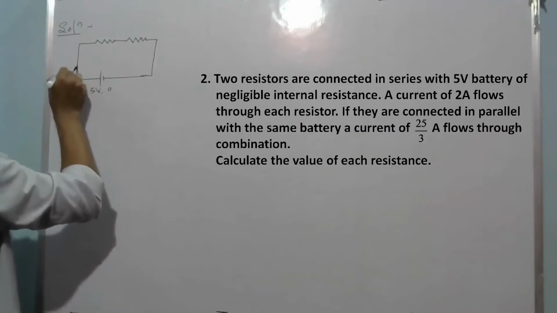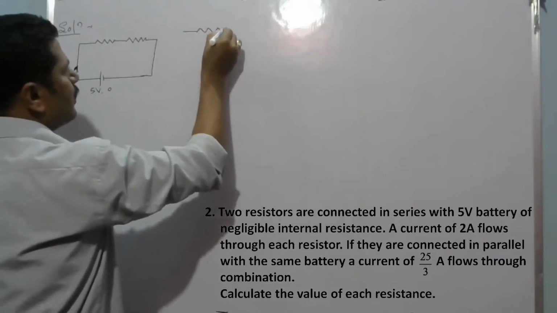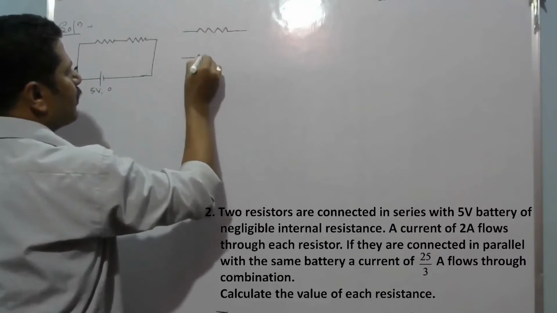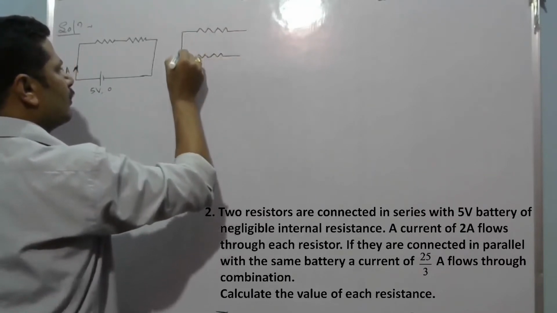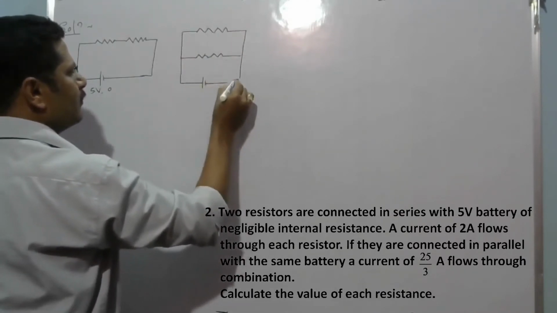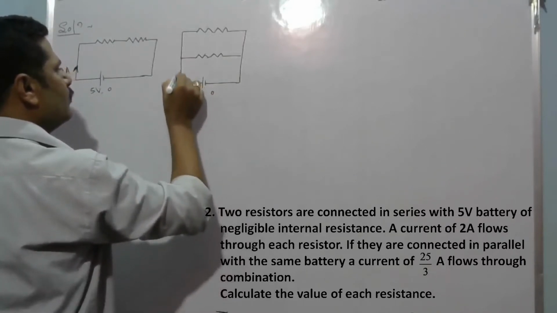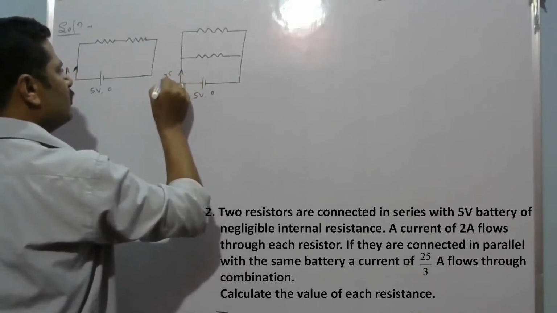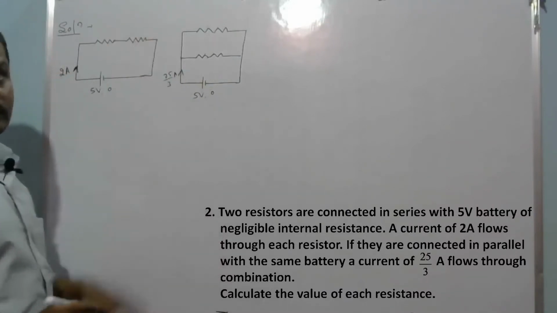The same resistances, whenever we connect them in parallel to the same source, that is EMF is 5 volt and internal resistance 0, we get a current of 25 by 3 ampere. We need to find out these resistances, the individual resistances.